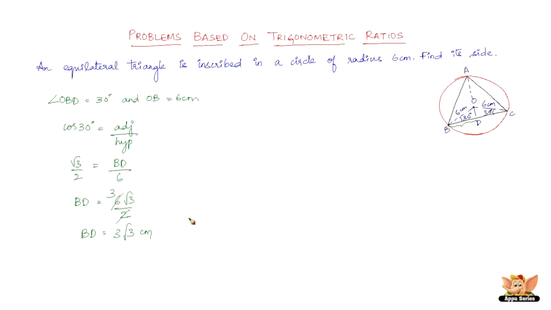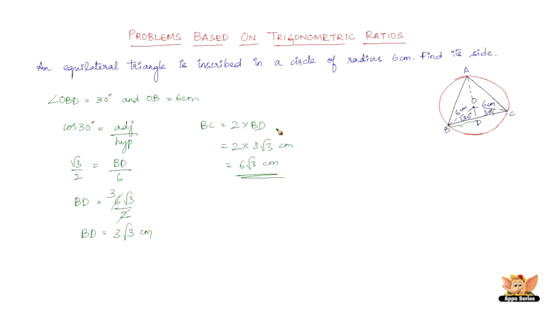But we need BC. So BC is nothing but 2 times BD. So 2 into 3 root 3 centimeters, which is 6 root 3 centimeters. So therefore the side of the equilateral triangle is 6 root 3 centimeters.